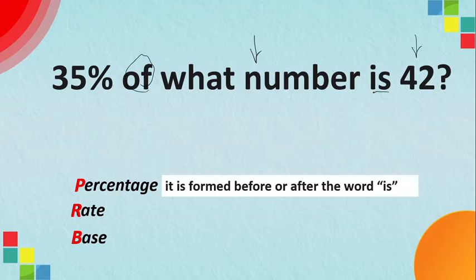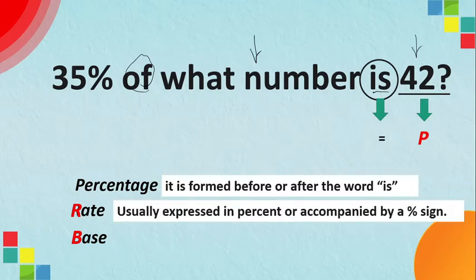So here, 42 will be our percentage since it is written after the word "is" and it has no conflict with the word "of". So 42 will be identified as percentage, and "is" can be written as an equal sign.